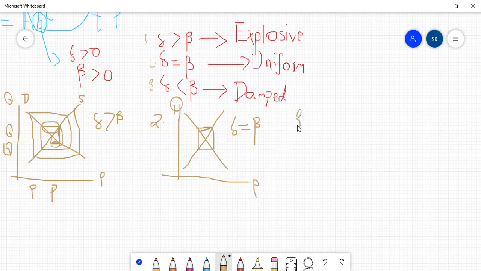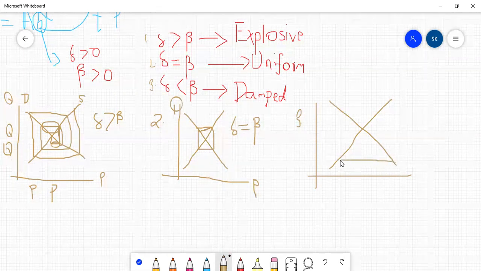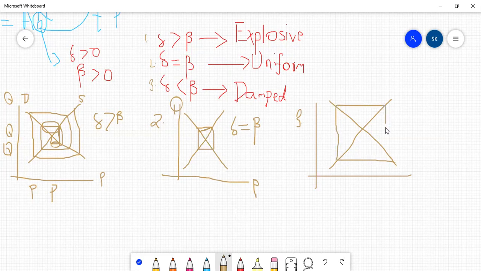Now the third one over here is the damped oscillations. What happens in the damped oscillations is that the cycle will start from some higher point and move towards the equilibrium point, that is the central point. You can see over here, these are the damped oscillations.